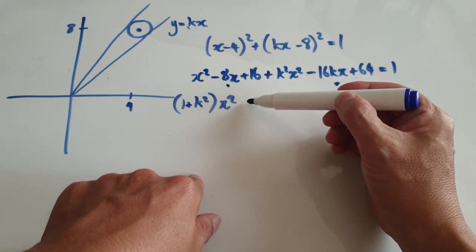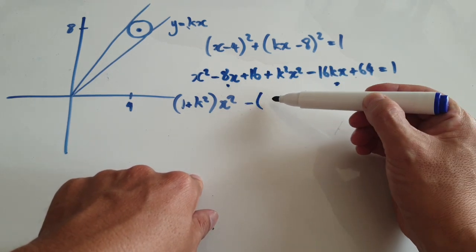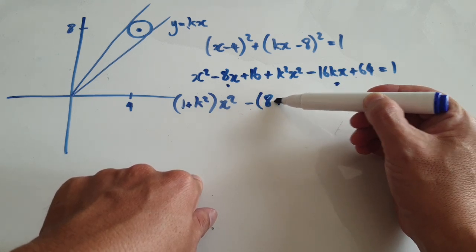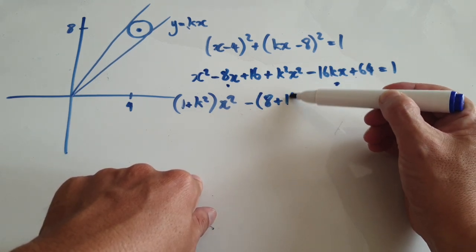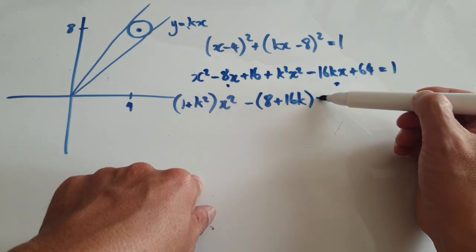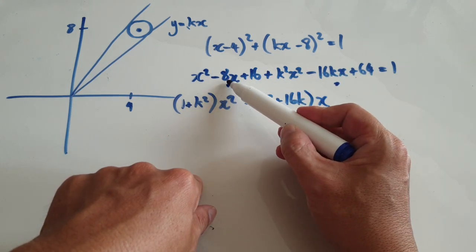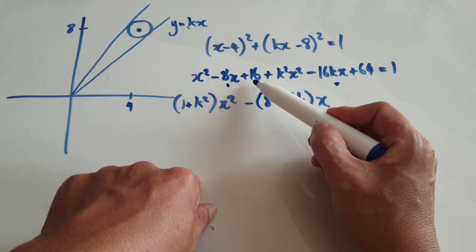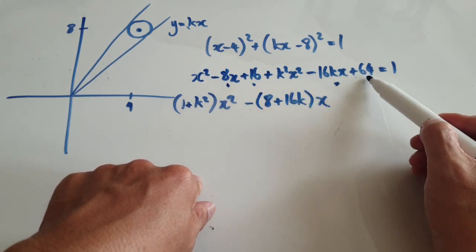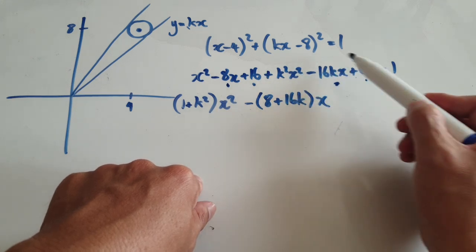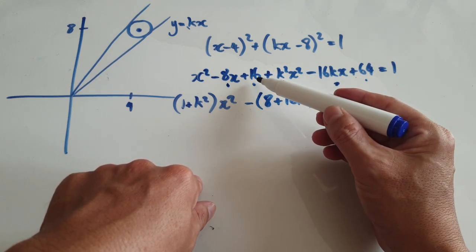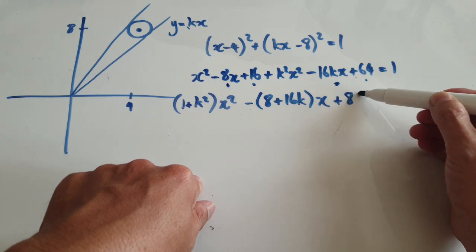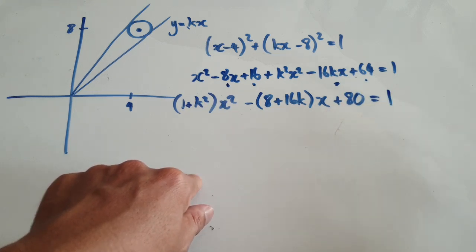So that would be minus (8 plus 16k) x, because when you merge this with this, it will then give you this. And then look at the single numbers, merge those two together. That would be 80 equals 1.